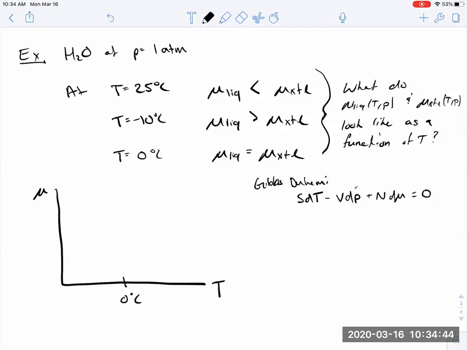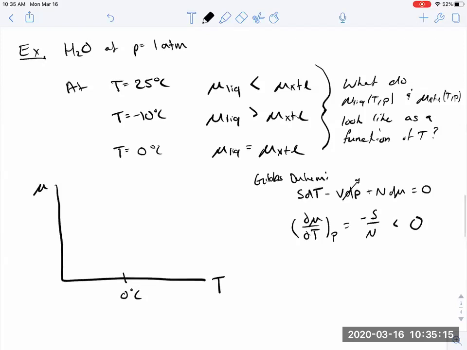At fixed pressure, that term goes away, and I can rewrite this as the change in the chemical potential with temperature at fixed pressure is equal to minus S over N. N is a strictly positive number. S, the number of microstates, is a strictly positive number with a minus sign, must mean that that derivative is strictly negative.